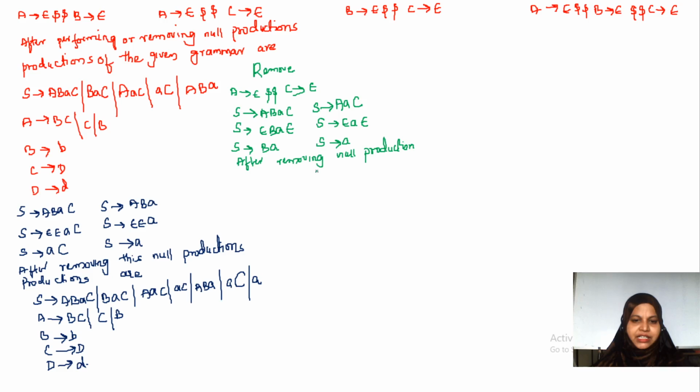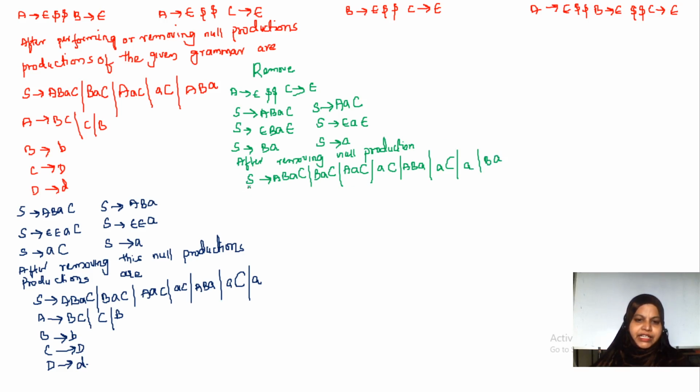My productions are S tends to A, B, A, C, B, A, C, A, C, A, B, A, C, A, B, A. S tends to A is there already, no need to write this one.